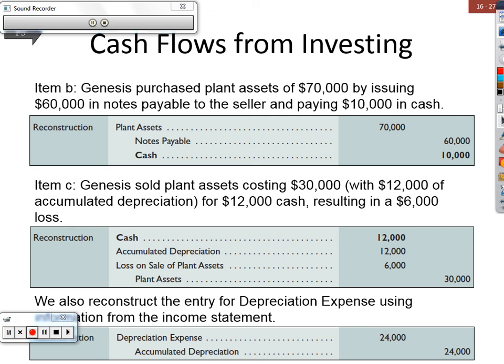So to reconstruct the depreciation expense, they debited depreciation expense 24,000 and credited 24,000 for accumulated depreciation. What is that last journal entry actually saying when we talk about reconstruction?